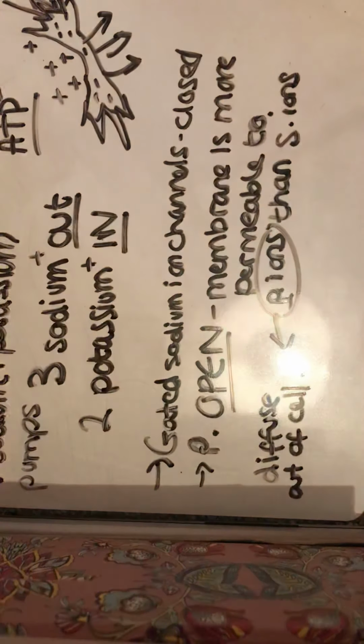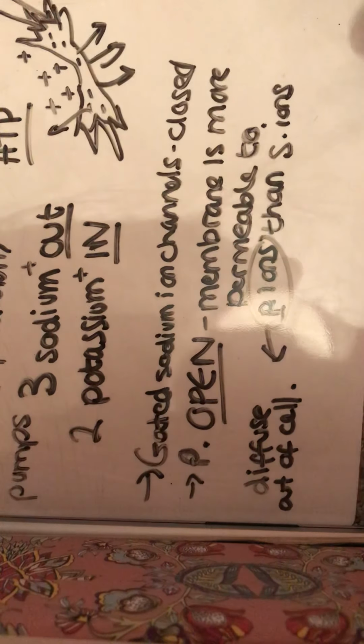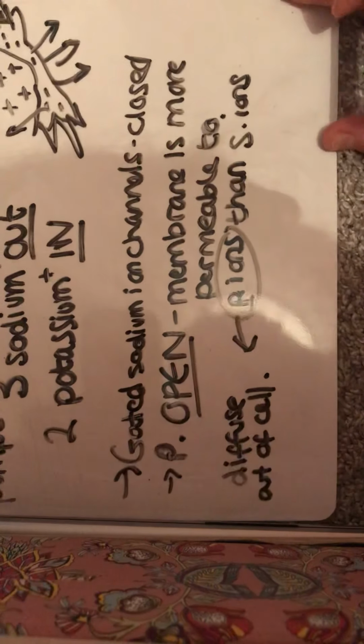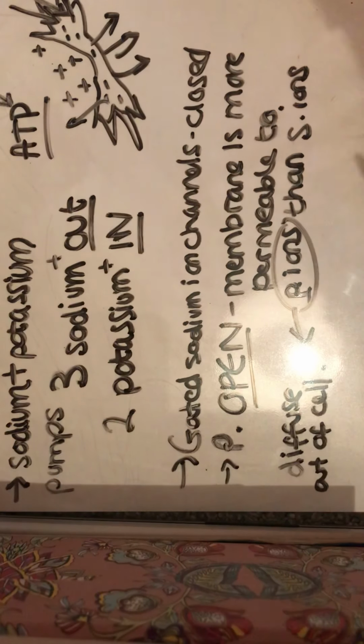By these potassium ions diffusing out of the cell, we're going to make the inside of the cell even more negatively charged, which is what we want. I'll just rub this out and then we can go back over a couple more things that help to increase the negative charge even further.